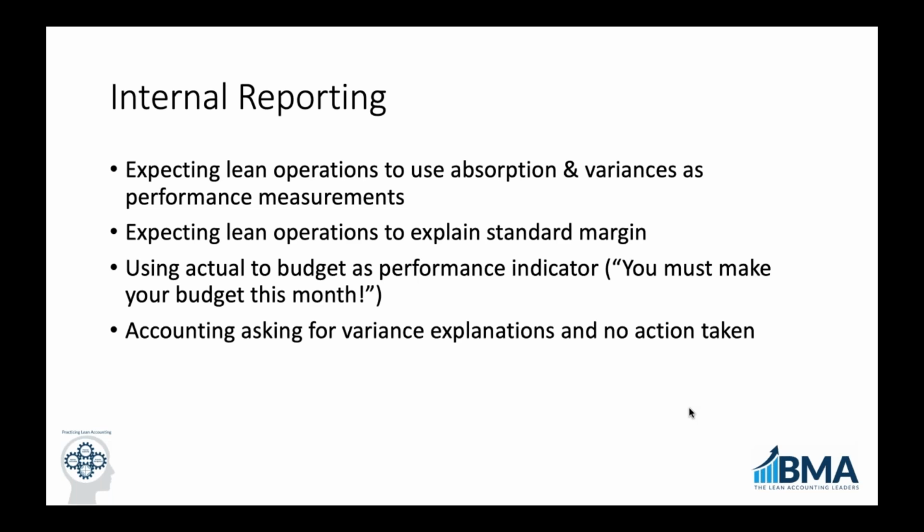The plant controller that I was with didn't know this was going to be said, but the division controller's point was this: the company is not meeting its financial goals in terms of revenue and profit and costs. So the division controller basically said to each of the plant controllers, next month you must make your budget, you must figure out a way to make your budget, and I expect you to send me your action plan in a week.